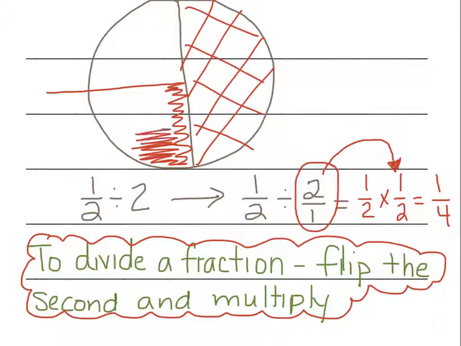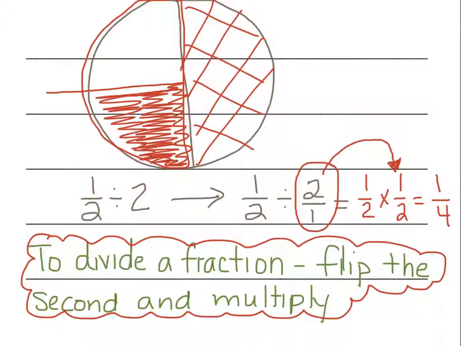Now, 1/2 of 1/2 is 1/4. See, here was the half that you and your sister were going to split, because Mom and Dad already ate their half, and you are getting 1/4. So 1/2 of 1/2 is 1/4. But to divide a fraction, you flip the second and multiply.